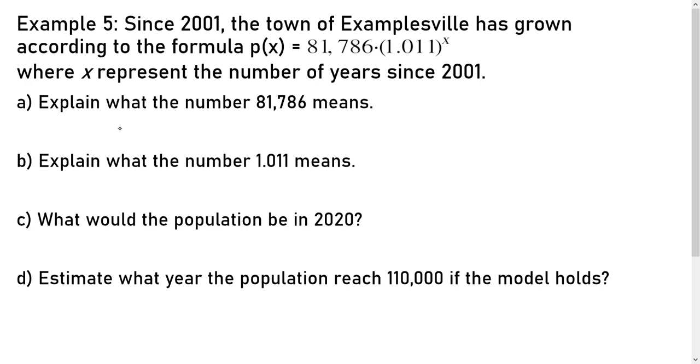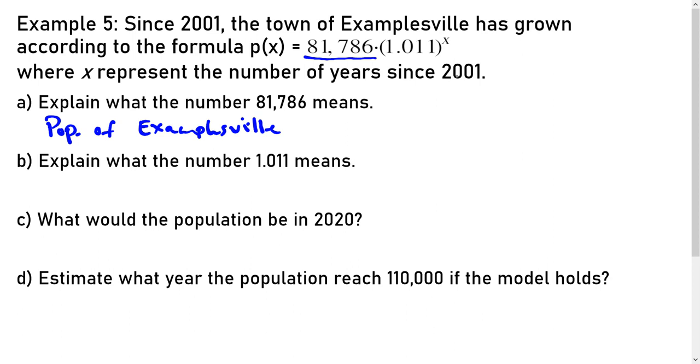So the first part is asking us to explain what the number 81,786 means. Well, that's this guy right here. If we think about things in terms of exponential growth and decay, increasing, decreasing, the first value, that constant value there, that's always kind of your principal or your starting amount. So what does this mean? This is the population of Examplesville. But when was it the population of Examplesville?